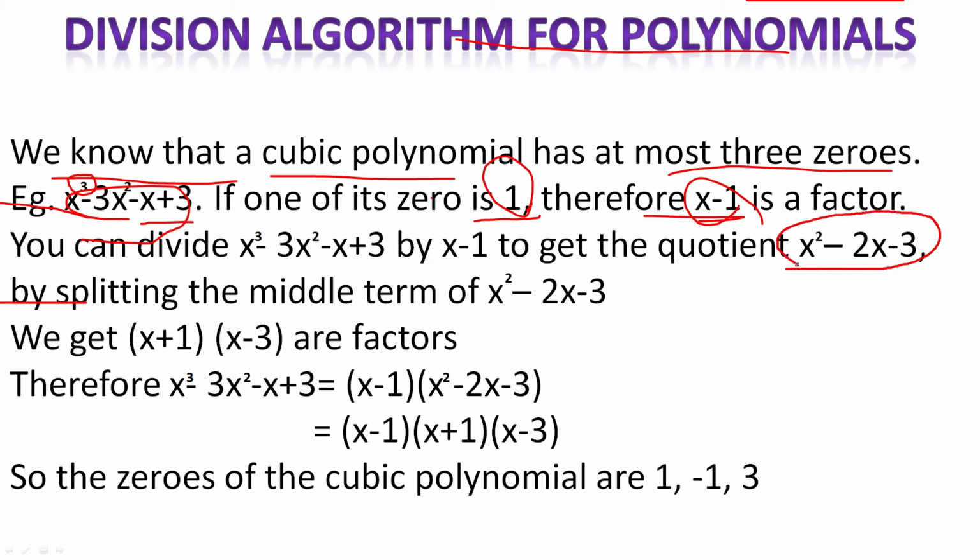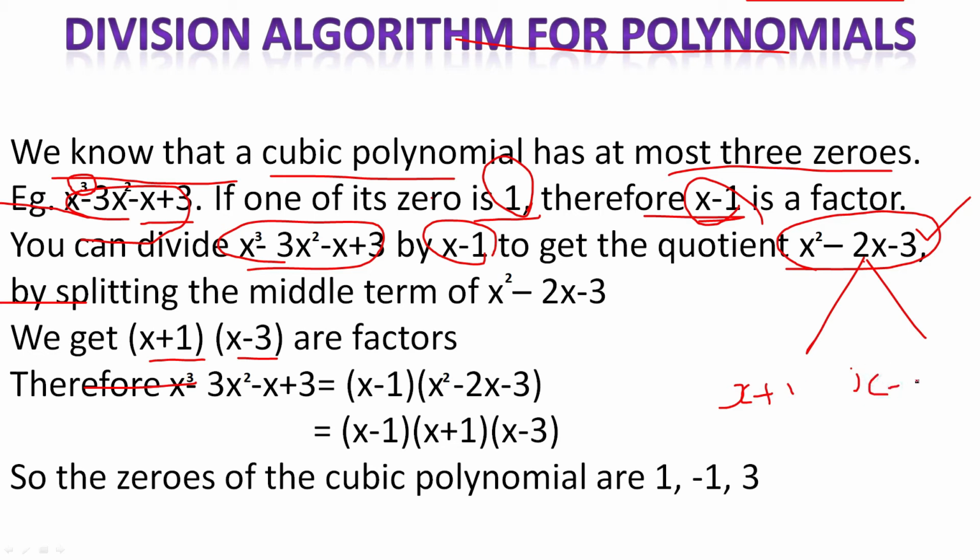Here the dividend is the cubic and the divisor is x minus 1. Splitting the middle term of x square minus 2x minus 3, you will get 2 factors, x plus 1 and x minus 3, since it is a quadratic equation.